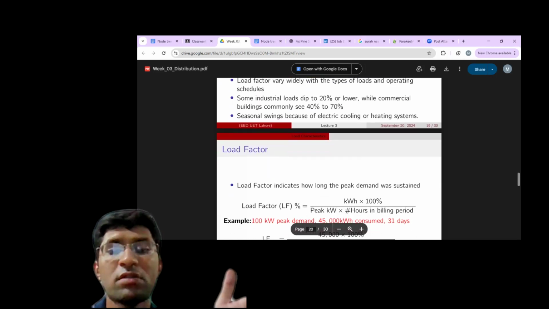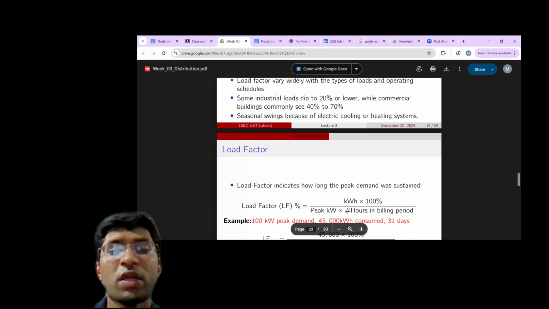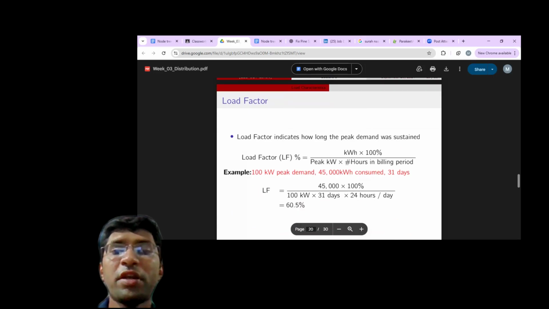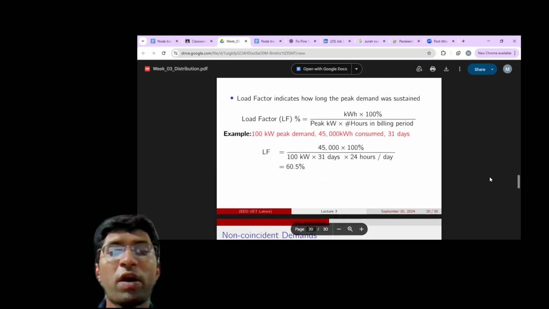In extreme weather seasons, the load factor depends upon the consumption of energy and indicates how long the peak demand was sustained. For example, kilowatt-hours times 100% over peak kilowatts times number of hours in the billing period. I take an example: 100 kilowatt peak demand, 45,000 kilowatt-hours consumed in 31 days, the load factor would be 60.5%.